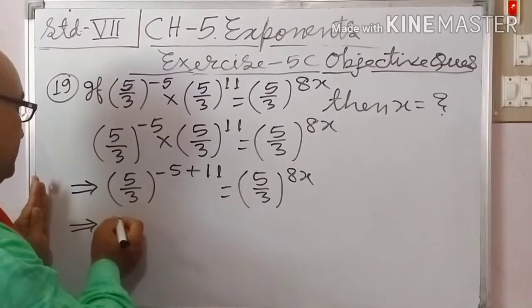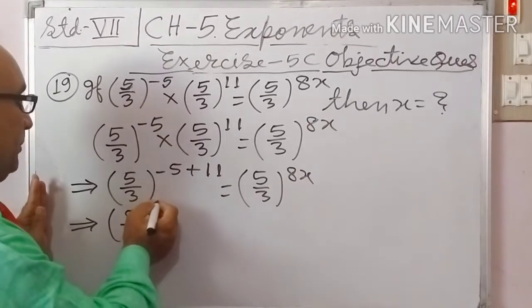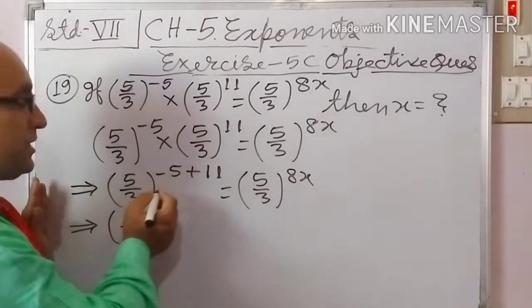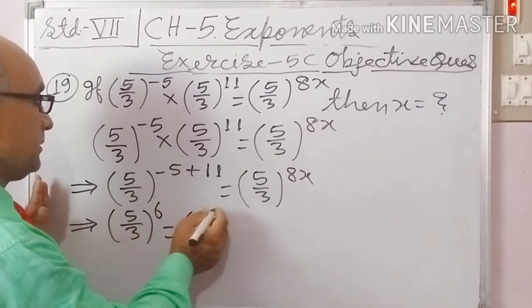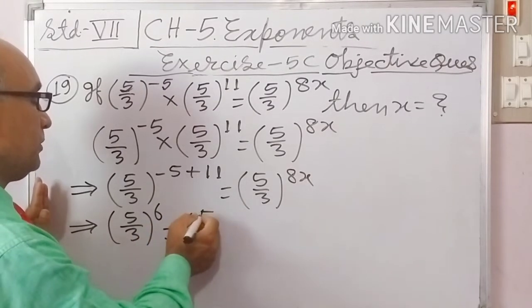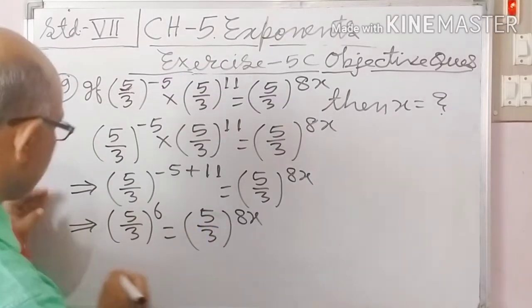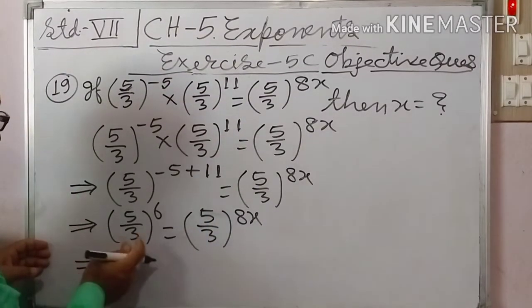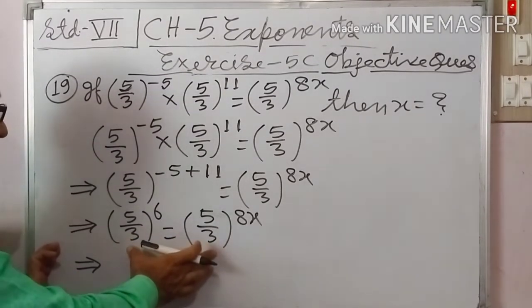That implies 5 by 3 to the power minus 5 plus 11, which is 6, equal to 5 by 3 to the power 8x. Here both sides the base is 5 by 3.